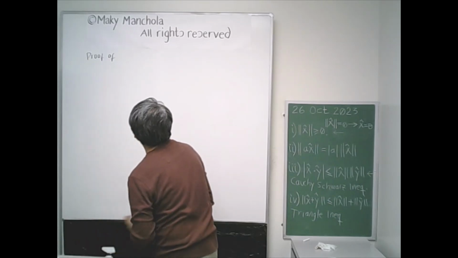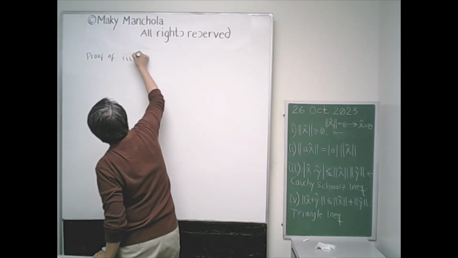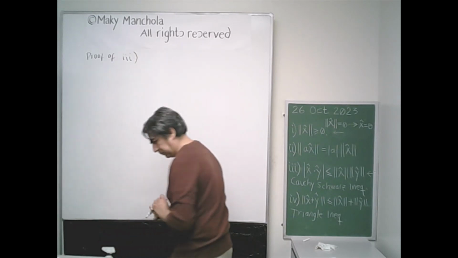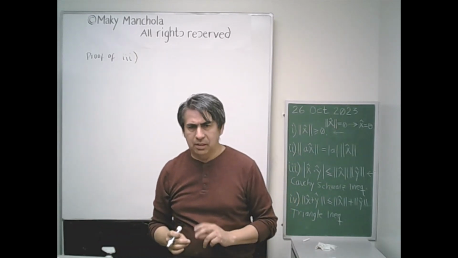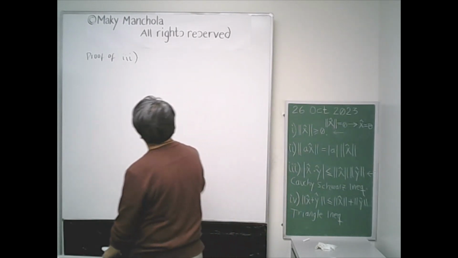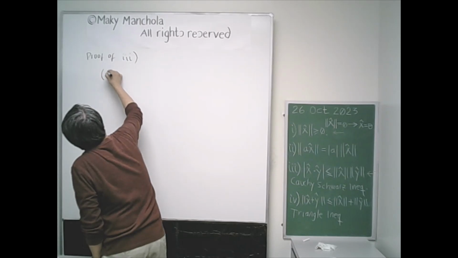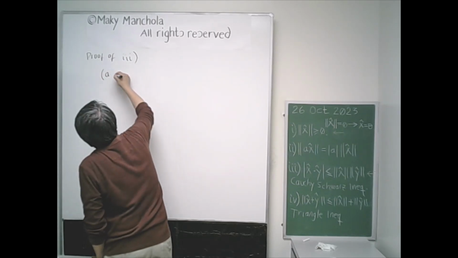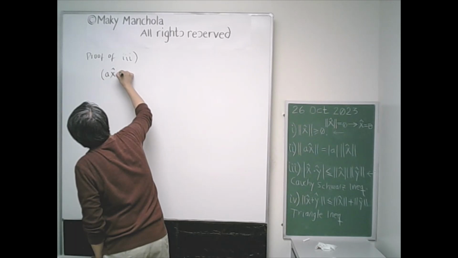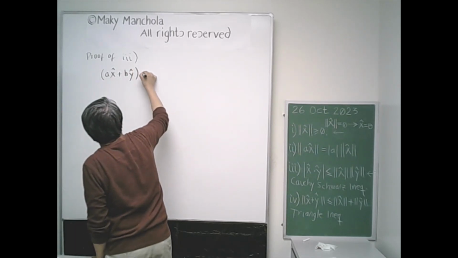So here we go. Proof of 3. Let's consider the following dot product. The dot product of ax hat plus by hat with itself.